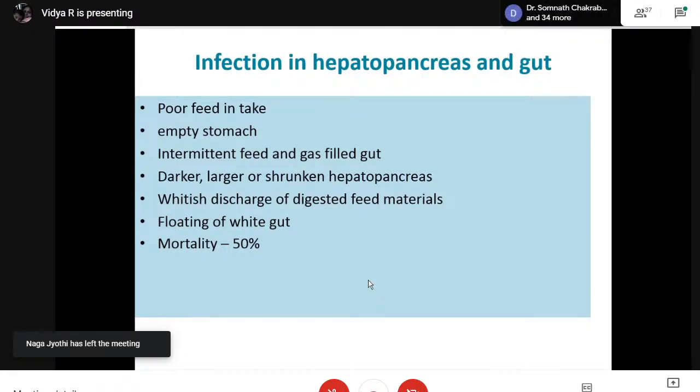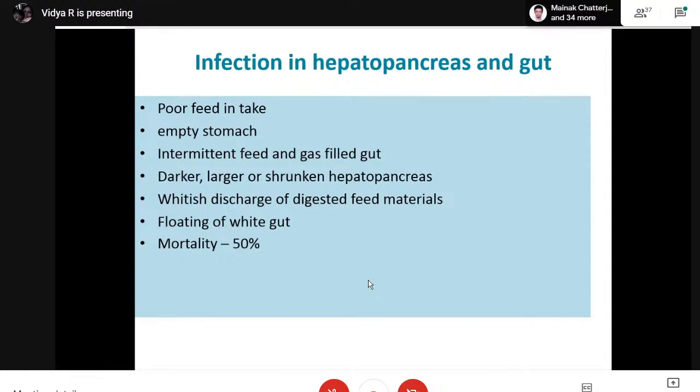The hepatopancreas is the greenish organ in the head part; you can see from the outside a green colored organ in the central head part. That will be darker, larger, and sometimes shrunken.